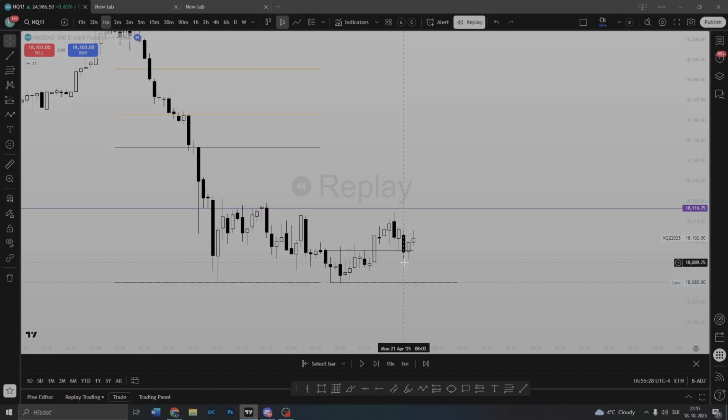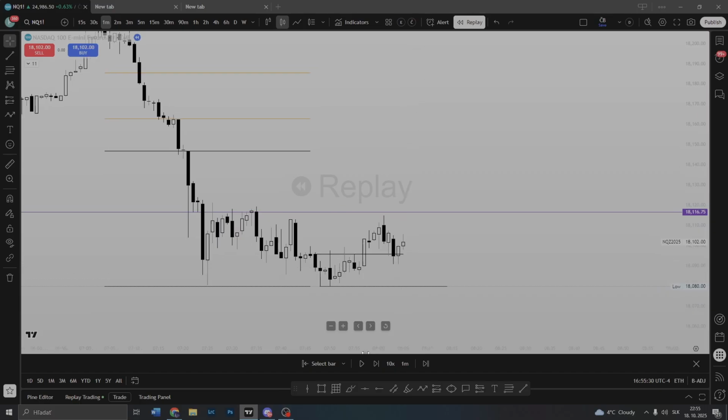And we just again created another equal lows right here. Internal sweep at the highs, internal sweep at the lows. We are in the center of this little range right now.